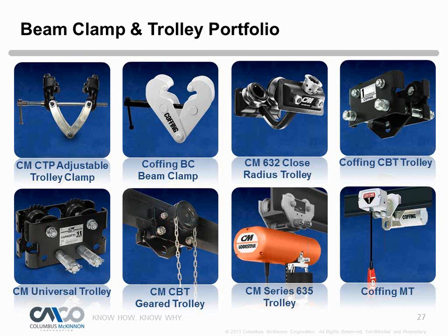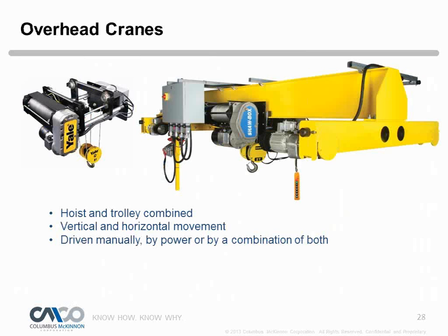Some people say, I don't need a low headroom situation, and others say, yeah, I need every inch I can get, depending on the load configuration and how high I need to lift stuff. So the Universal will be the trolley of choice for that. Yeah, it's a really nice trolley. It's one of our newest ones, and it works for any of our hoist line if you get the right adapter put on the hoist to work with that trolley.